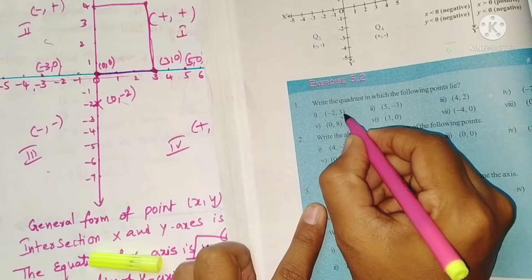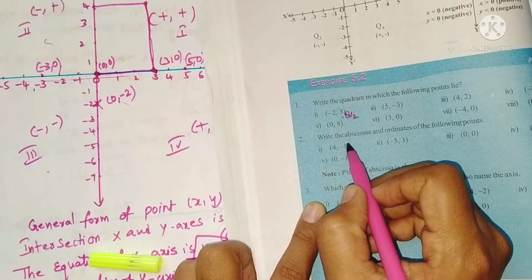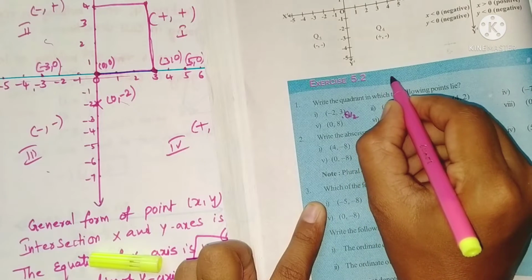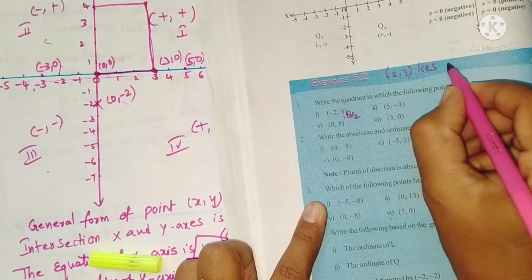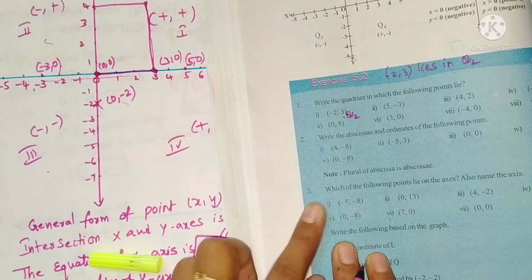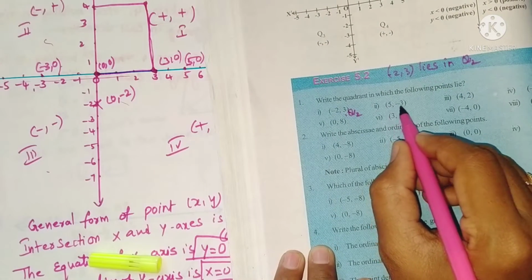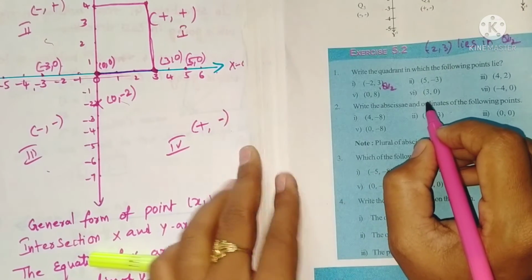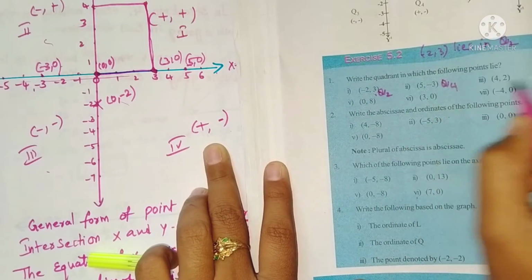So it lies in Q2. You have to write minus 2, 3 lies in quadrant 2. Like this. Okay. So see 5, minus 3. Plus, minus. Plus minus means fourth quadrant. So it lies in Q4.